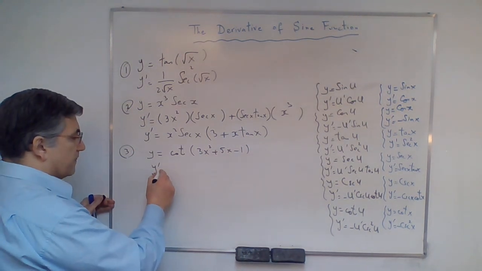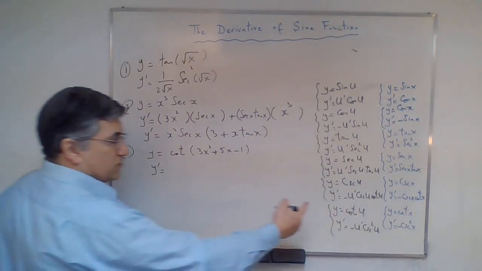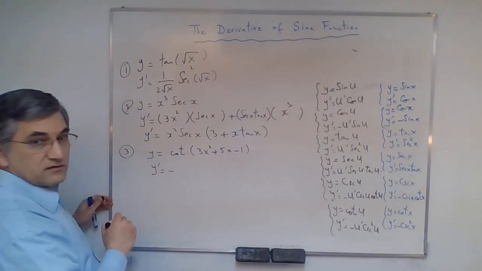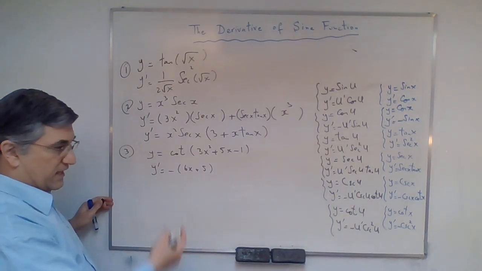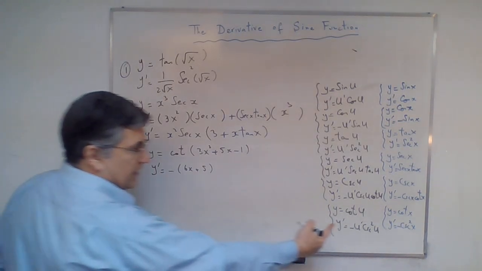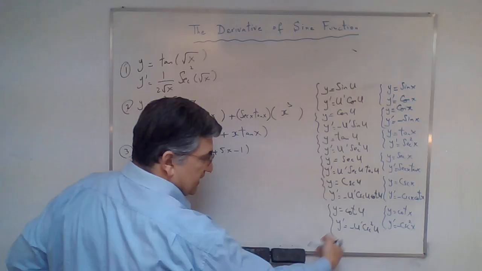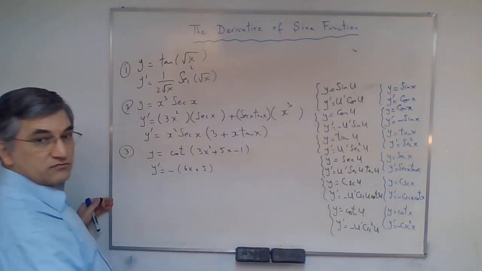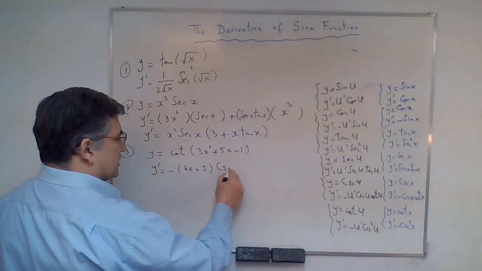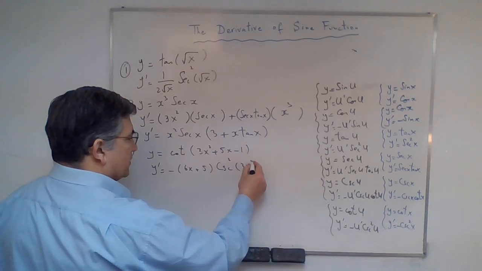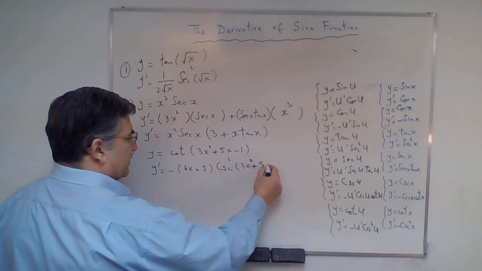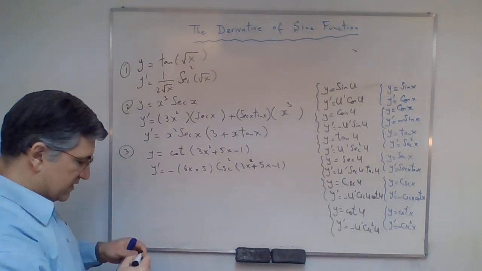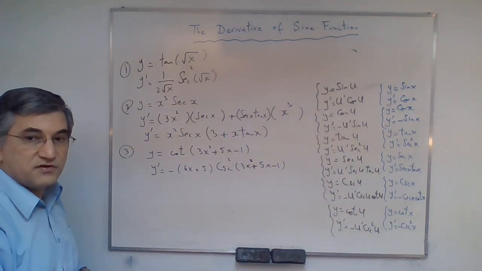So y prime is going to be u prime with the negative sign in front, so minus 6x plus 5. Okay, that's negative u prime. And then the derivative of cotangent of u is negative u prime cosecant squared of u, right? So it's going to be cosecant squared of 3x squared plus 5x minus 1, done. As simple as that. Example number 3, finished.